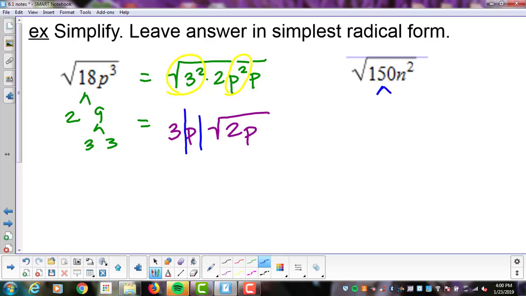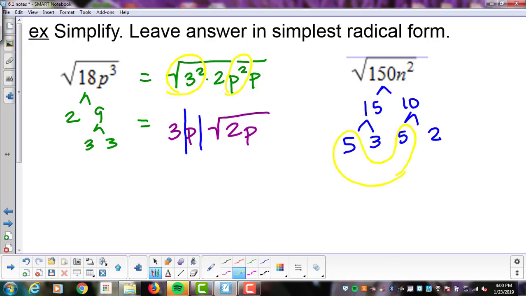Over here, 150 is not a perfect square, but I'm going to make a factor tree. So that's going to be 15 times 10, 5 times 2, 3 times 5. Oh, wow. Okay. Square root. Do I have a pair of anything? I have a pair of 5s. So I'm going to rewrite that as 5 squared.